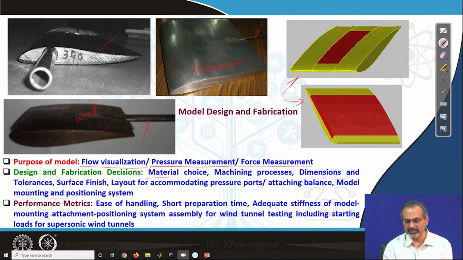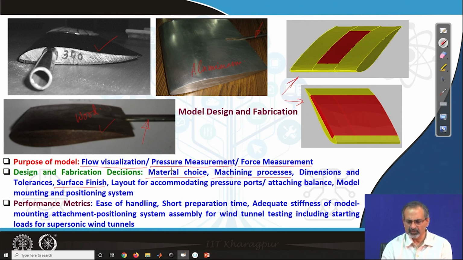You have to choose the material accordingly, the machining processes which have to be used, the dimensions and tolerances which apply, the surface finish that you should get, the layout for accommodating pressure ports or for attaching wind tunnel balance, the model mounting arrangement and positioning system, everything is interlinked.